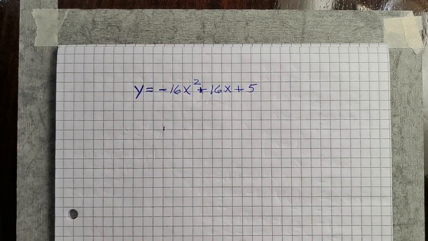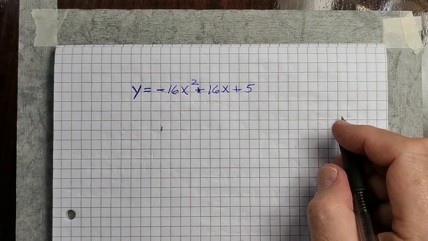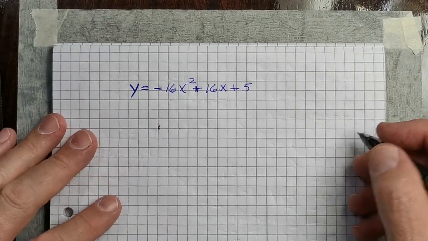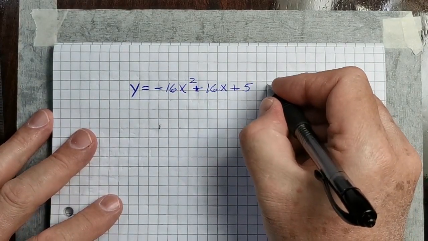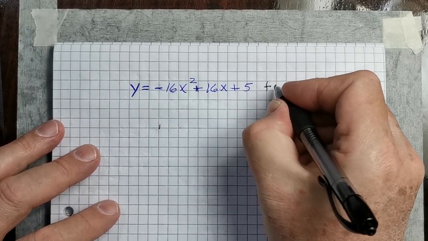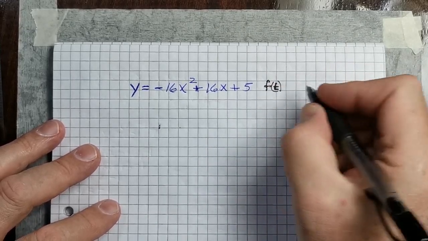Now, you probably would like this to be written differently, wouldn't you? You'd probably prefer it to look like this. And again, you can represent things in many different ways. We could also write this as follows. We could say that this is the function f of t. You don't have to do this, but I'm just showing you.